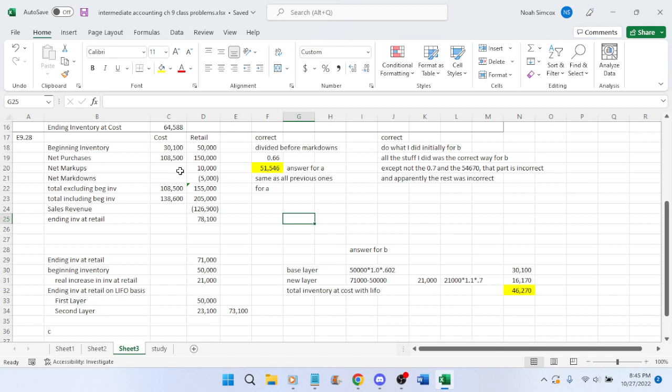How is the 0.7 not correct? How is the 0.7 not right? Ending.